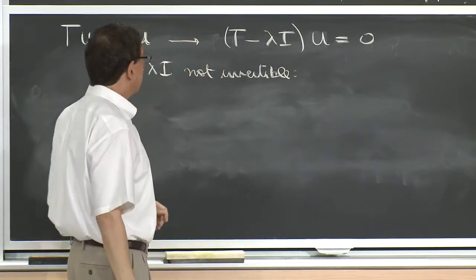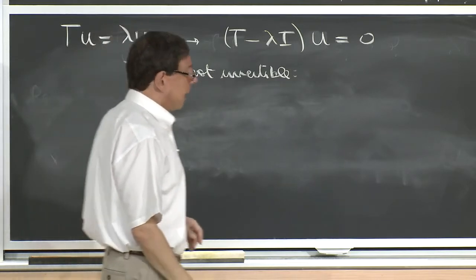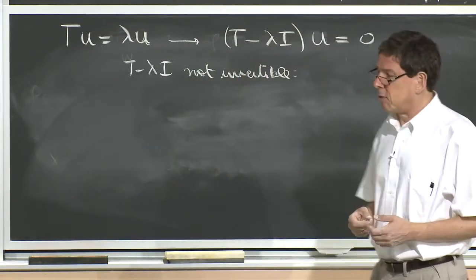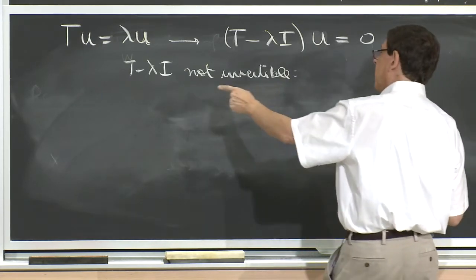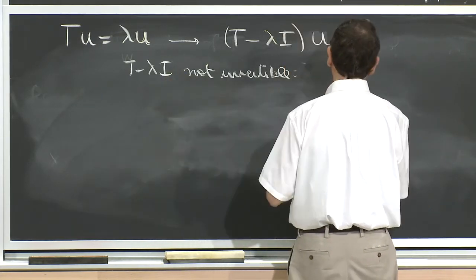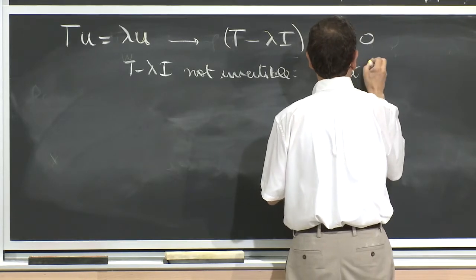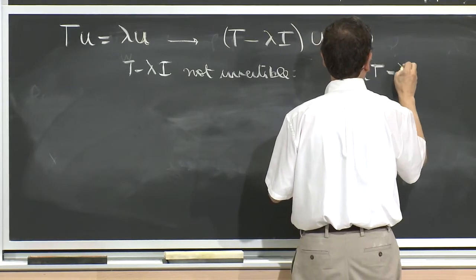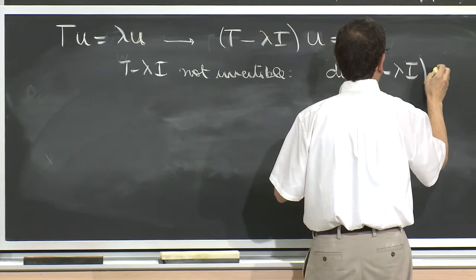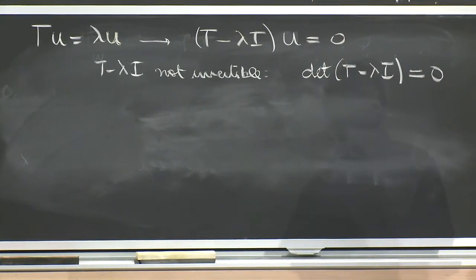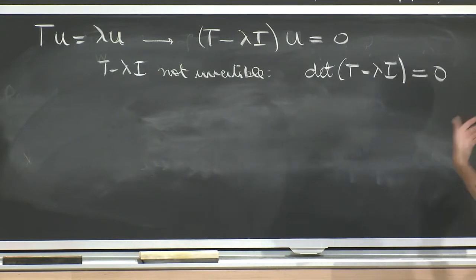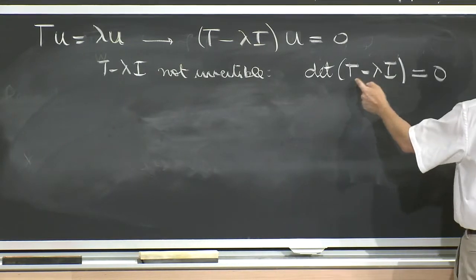So this means, in particular, and that's a result of linear algebra that we're not deriving here, that the determinant of this operator is 0. So the determinant of T minus lambda I is equal to 0. So when an operator is not invertible, the determinant of it must be 0.